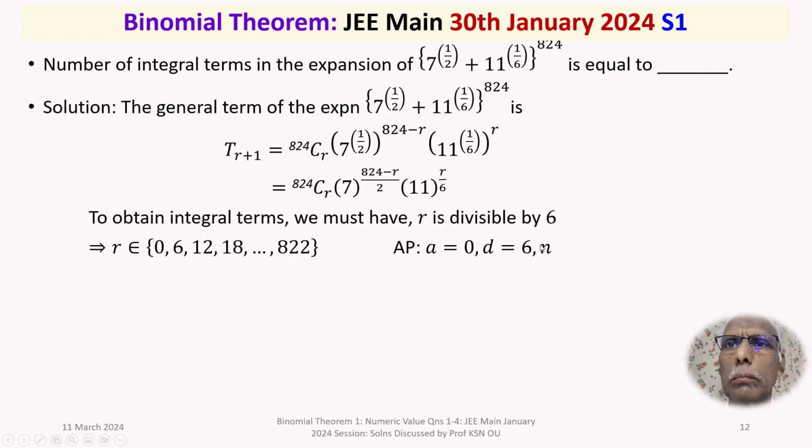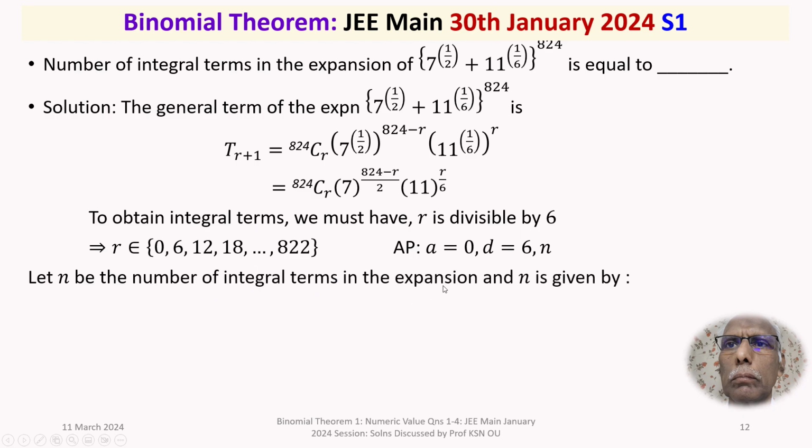Let the number of terms be n, the number of integral terms in the expansion. Then n is given by A plus (n minus 1) into D equals 822. A is 0, D is 6, so n minus 1 is equal to 822 by 6.